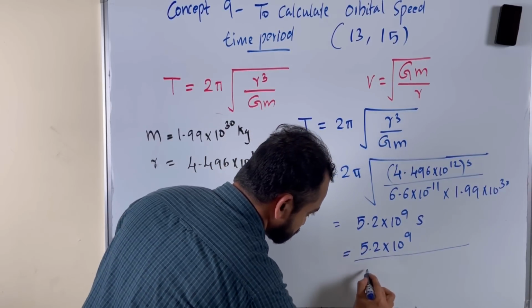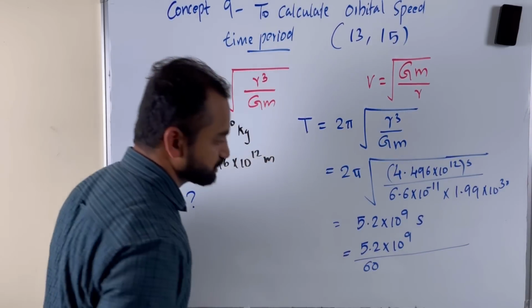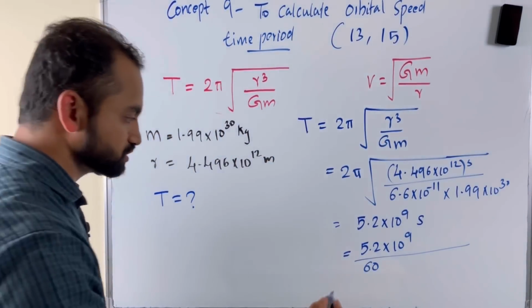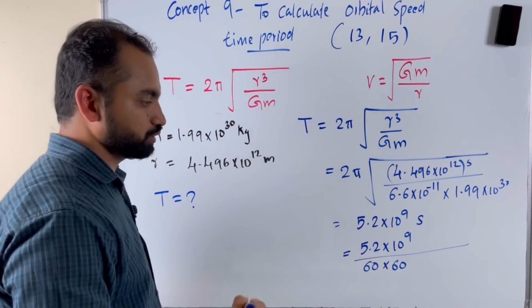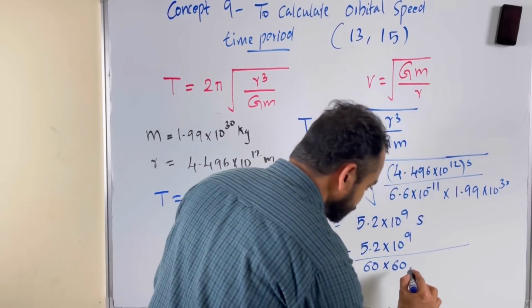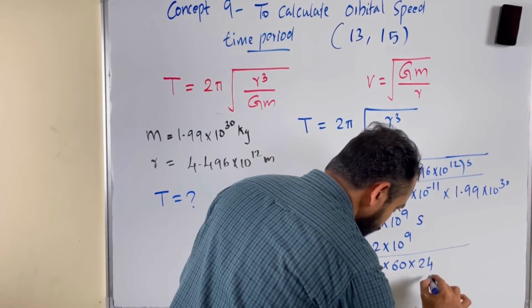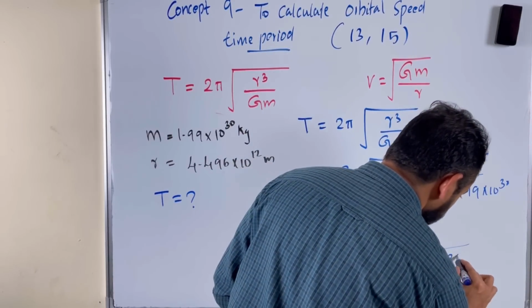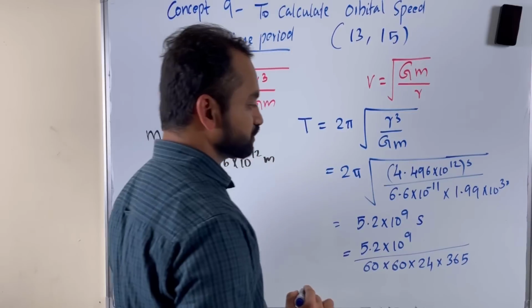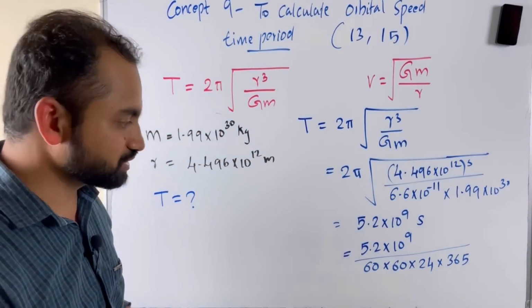This is in seconds, so if I divide by 60, this will change into minutes. Again by 60, this will change into hours. Again by 24, it will change into days, and again by 365, it will change into Earth years.